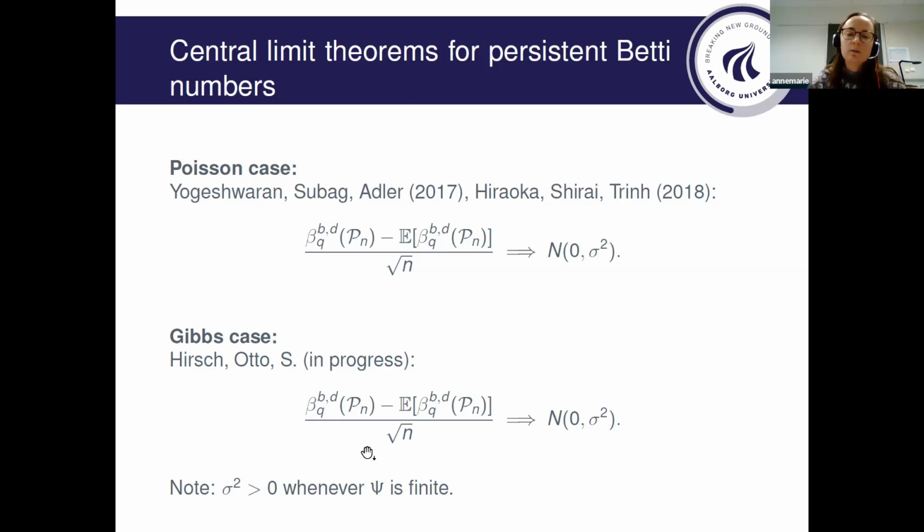So here we can get a similar result, and we can also show that if the energy is always finite, so meaning that we don't have these configurations that are not allowed to occur when the energy is infinite, then we can also show that the variance in the limit is positive. So it's actually a non-degenerate normal distribution that we get in the limit.